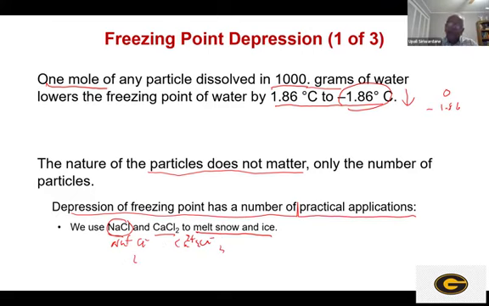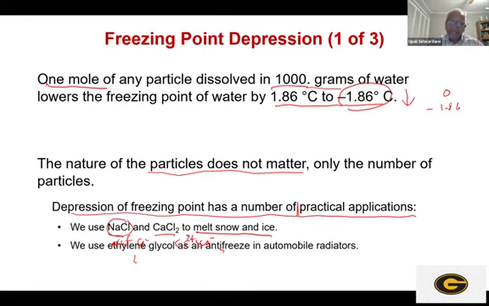Therefore, with the same number of moles added to snow or ice, calcium chloride is more effective.